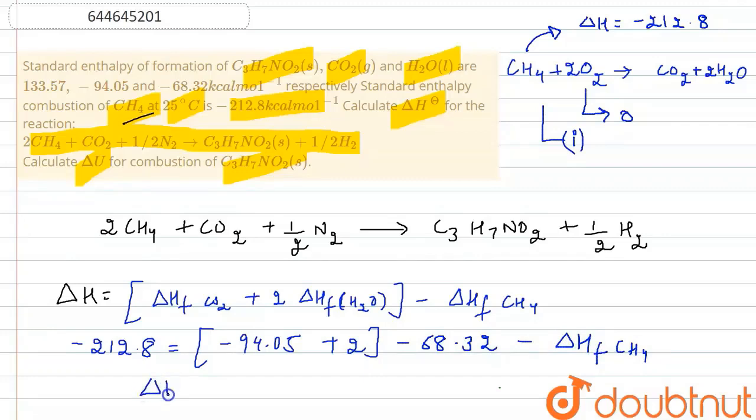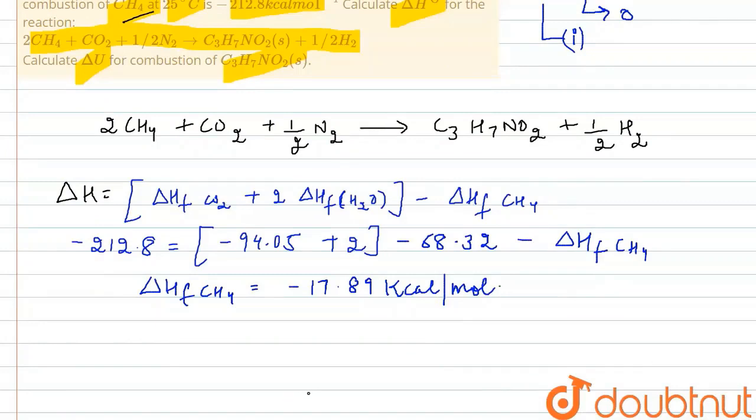So the enthalpy of formation of methane, that is CH4, is equal to how much? It is equal to minus 17.89 kcal per mole. This is the value coming out. Now we have to calculate the enthalpy of formation.